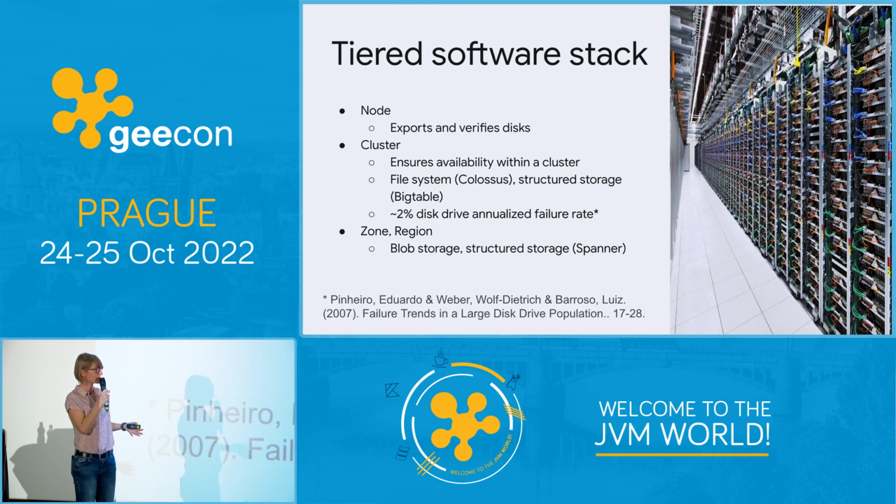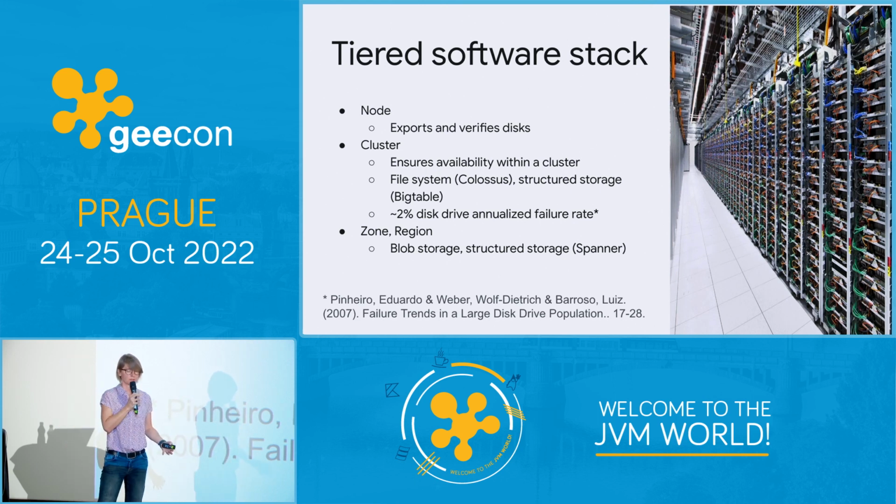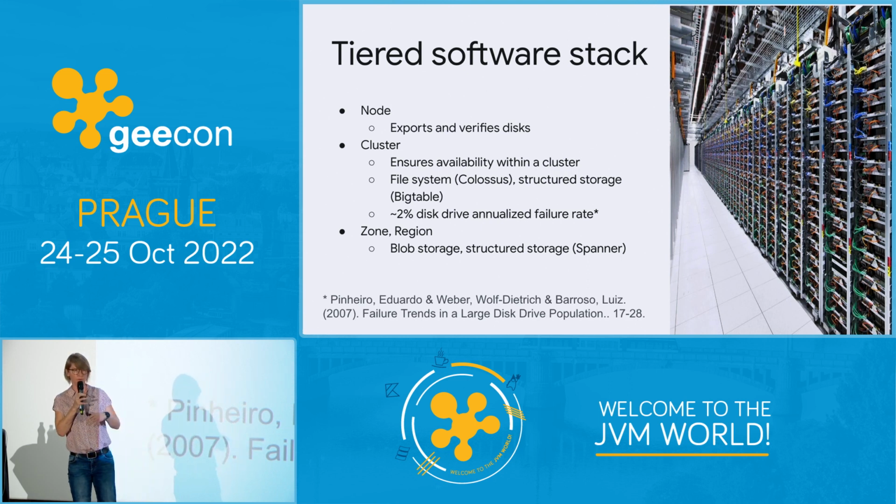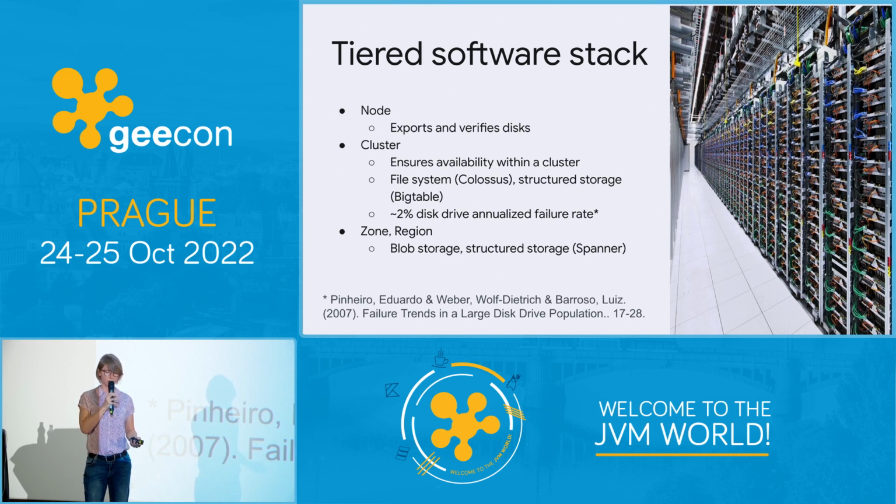And finally, what is the most interesting for you is that we divide the storage into zones, regions, or global offerings. So for instance, if you use GCS, you can select whether you would like this file to be available in a zone, in a region, or maybe you would like to have this file available globally.